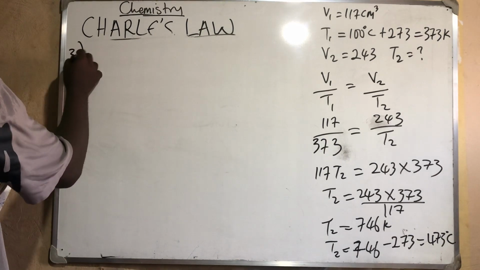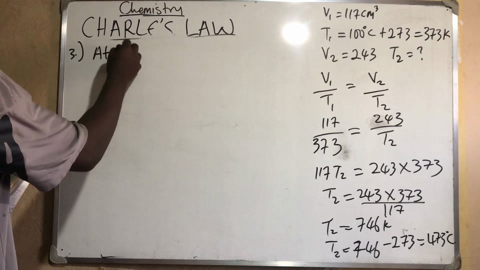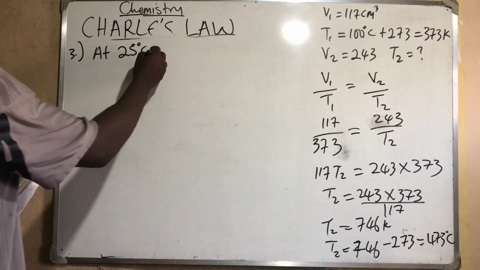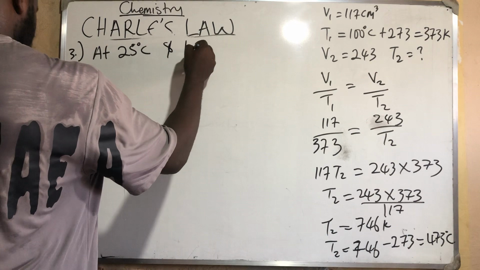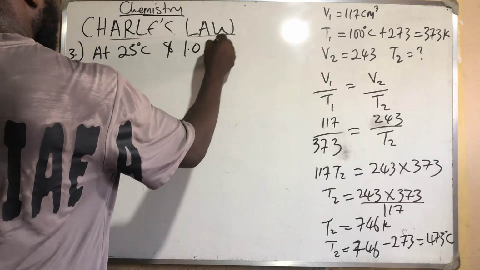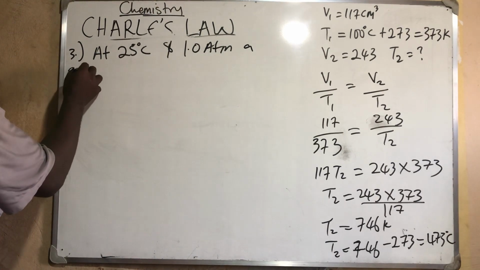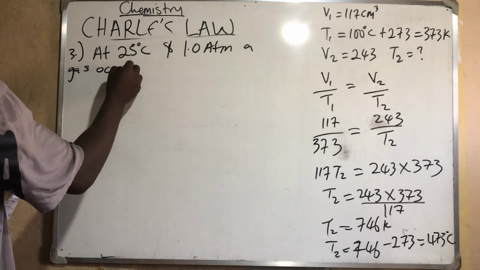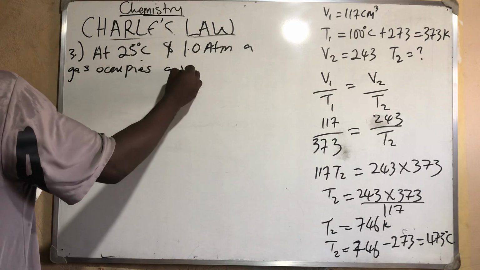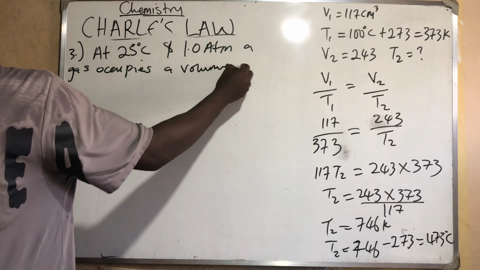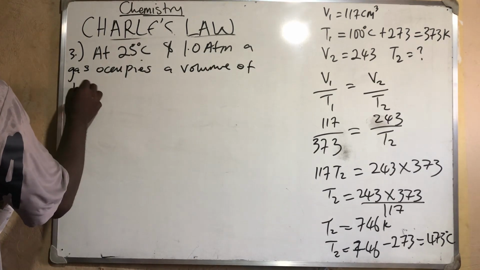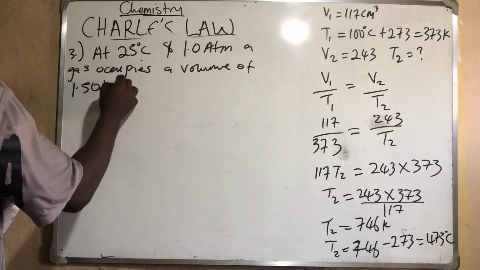So number 3 question, they say that at 25 degrees Celsius and 1.0 atm, a gas occupies a volume of 1.50 dm cube.